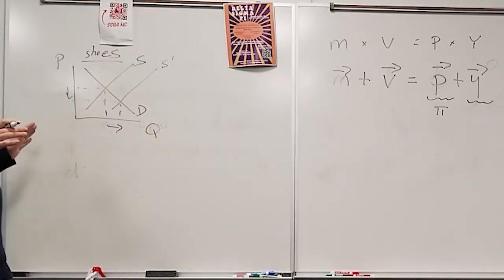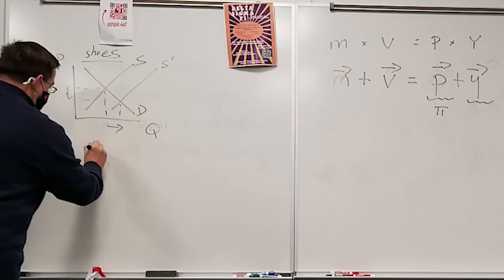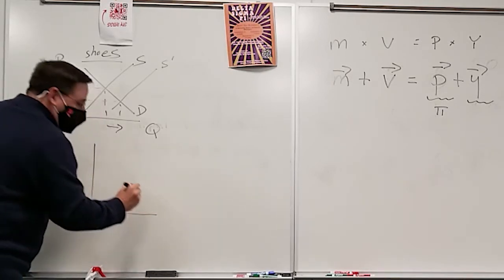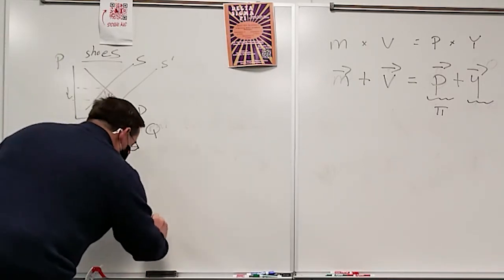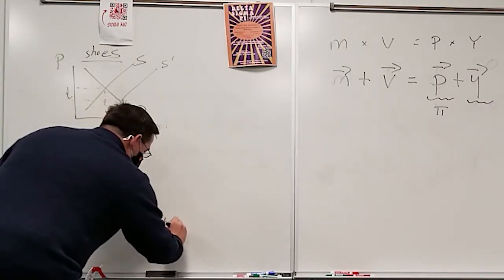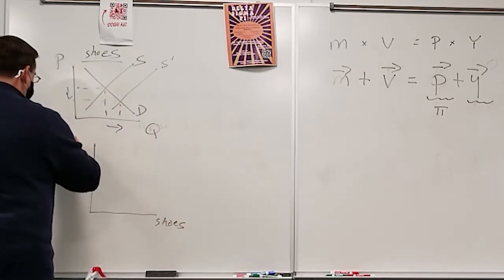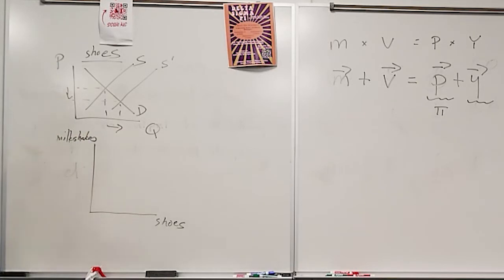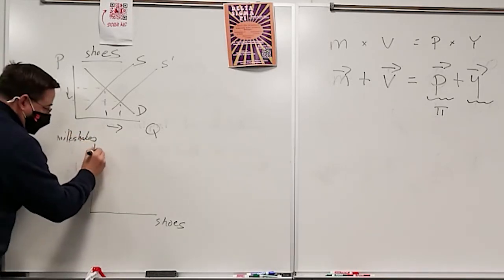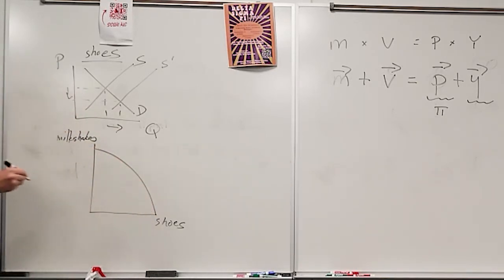How is that affected? In Crusoe's world, he had to choose between two different things, coconuts and fishes. Let's suppose that Crusoe now is trying to choose between shoes and milkshakes. And he has to choose between the two of them on his production possibility frontier.